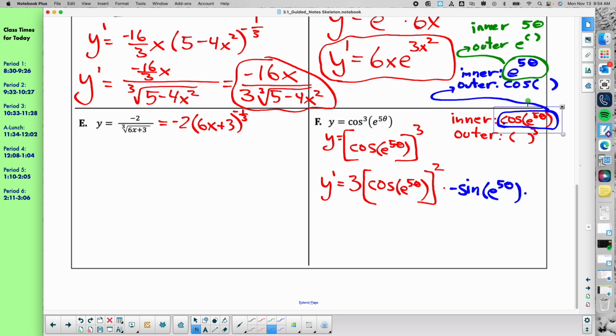Okay. Well, the derivative of this is going to be the derivative of the outer, which is e to the original power, times the derivative of the inner. And in this case, I'm finally down to simple, straightforward enough that it's just one of these derivatives.